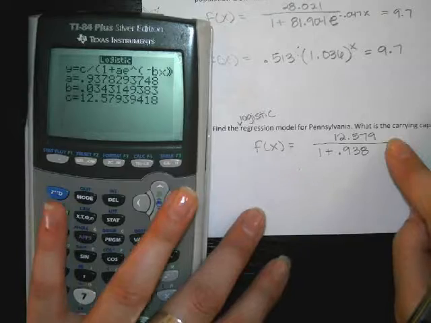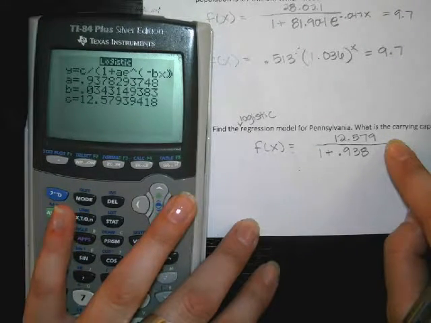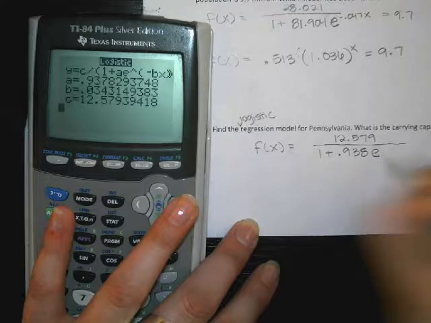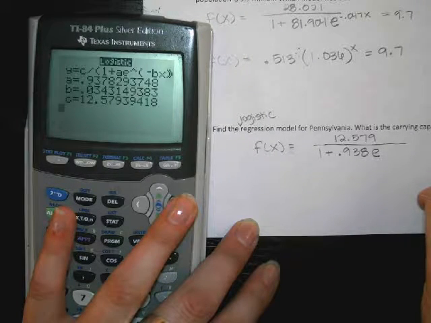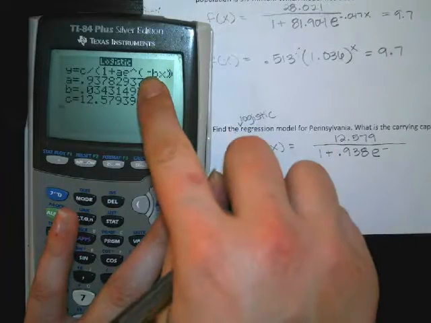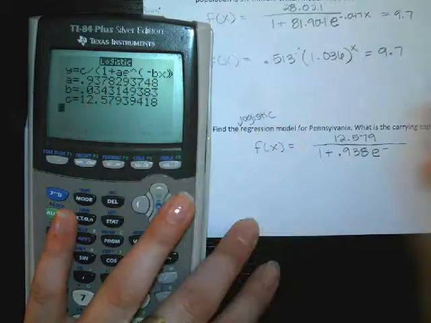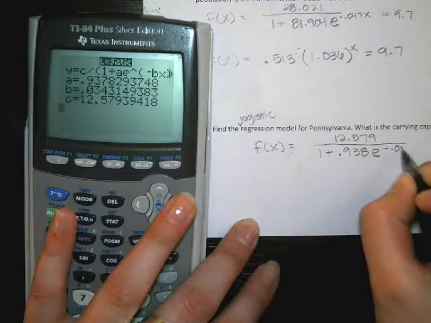All right, so our a value is 0.938, e to the negative, right? Because we can see in the equation it has a negative in front of the b. And then the b value is 0.034.